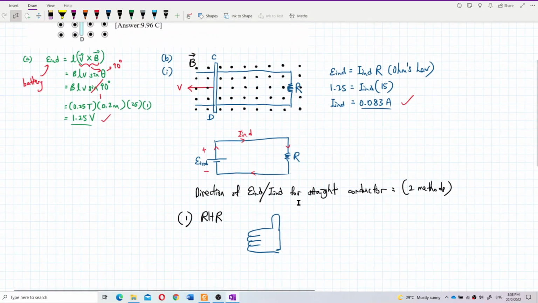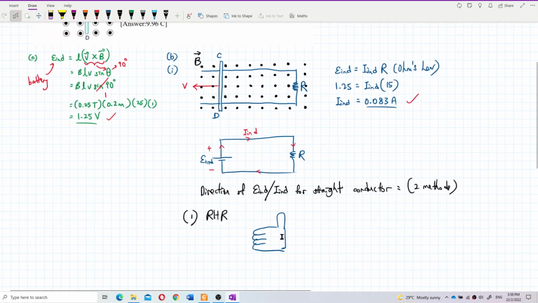It's like a cross product between V and B. Induced EMF is V cross B. So the forefinger shows the velocity V first, and then the palm shows the direction of the magnetic field.